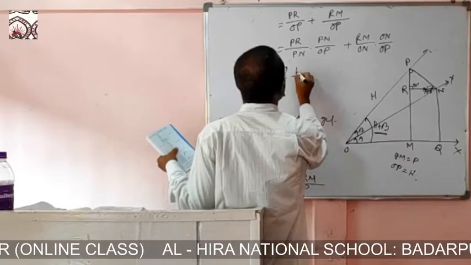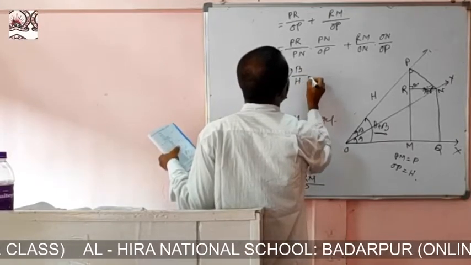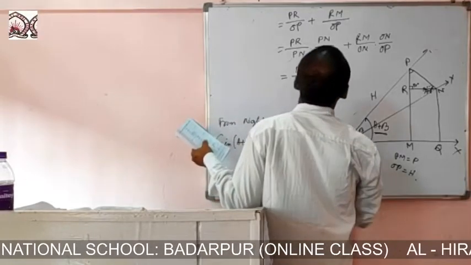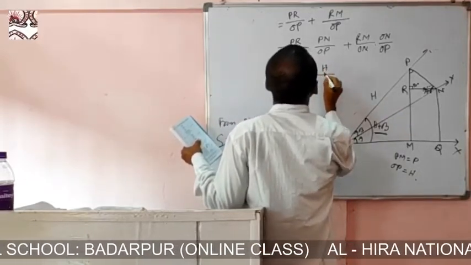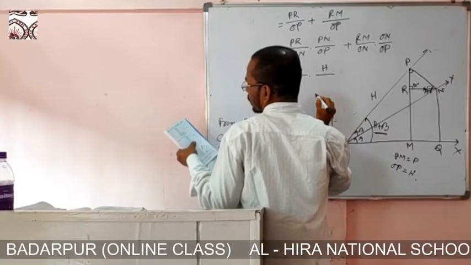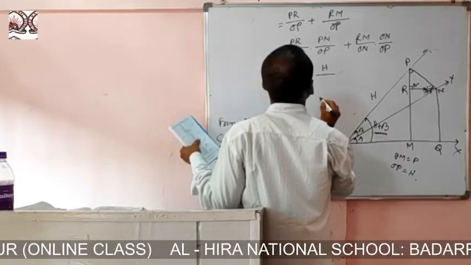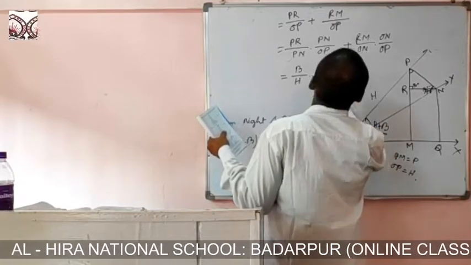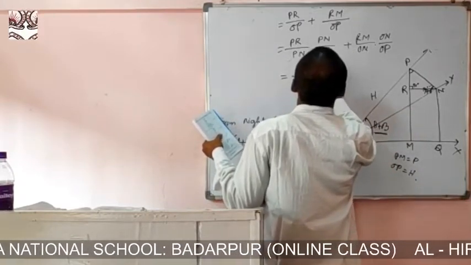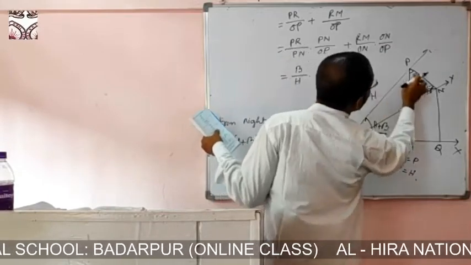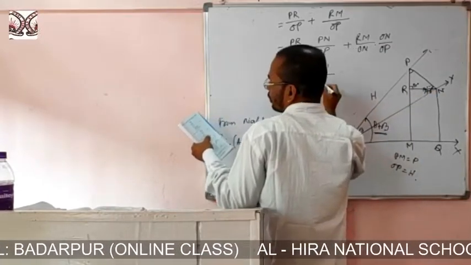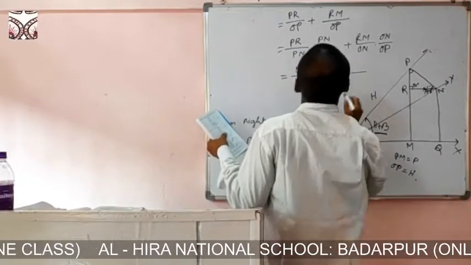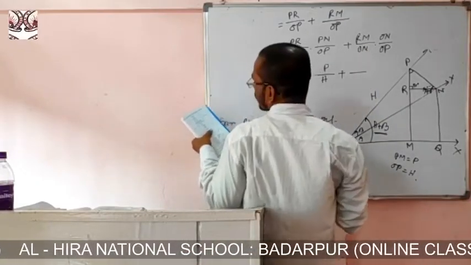So it is B by H into PN by OP, where PN is perpendicular, P by H, plus RM.